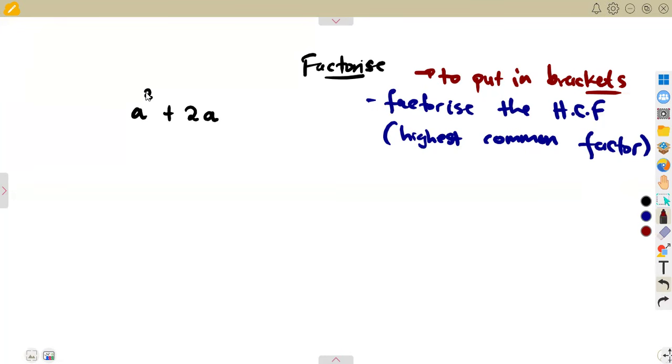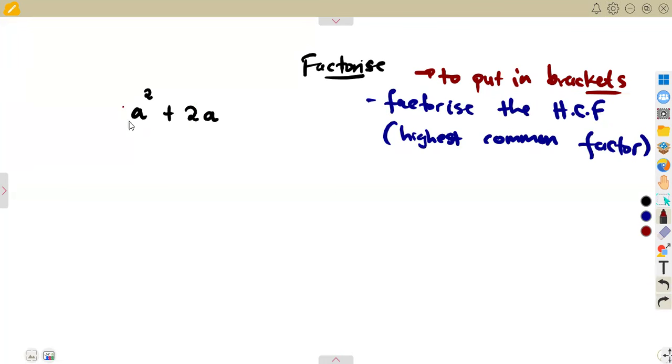So there are two terms, this term and this term. We are considering the highest common factor, firstly, in terms of the numbers. If the number is not indicated like that, it means there is a 1. So considering 1 and 2, what is the highest common factor? That will be a 1. So in terms of the numbers, we can decide not to write it.